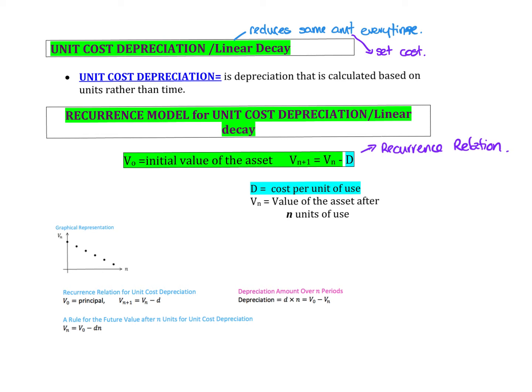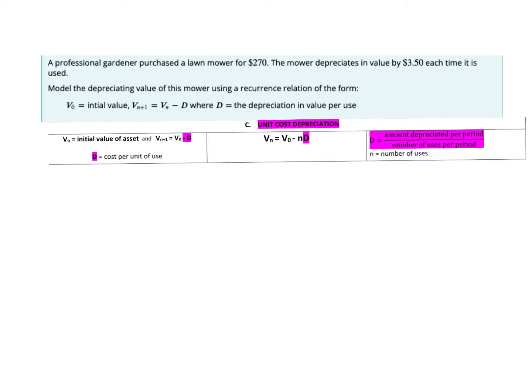So they will set that up and tell you. Just here on the summary, we can see it's still going to be a straight line, where it is dropping by the cost per use every time. So let's go have a look at the examples. A professional gardener purchased a lawnmower for $270.